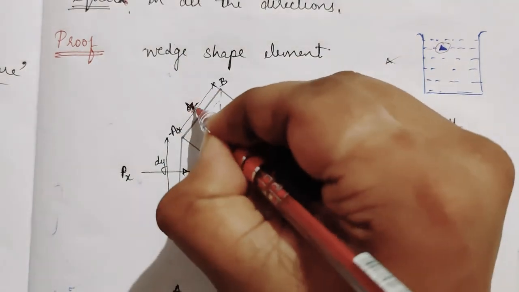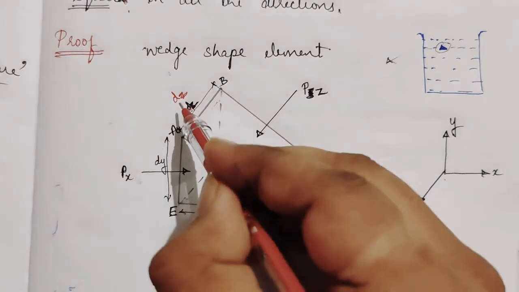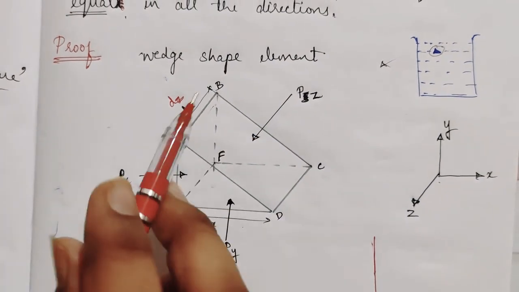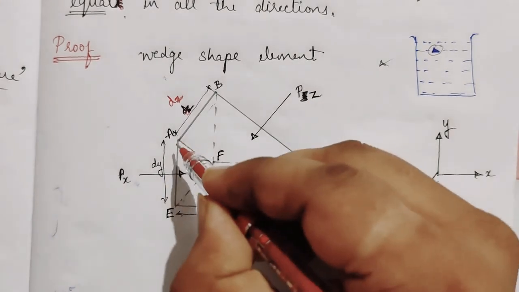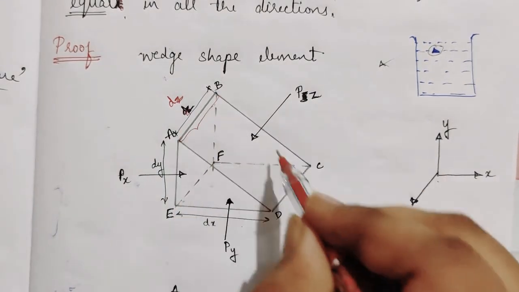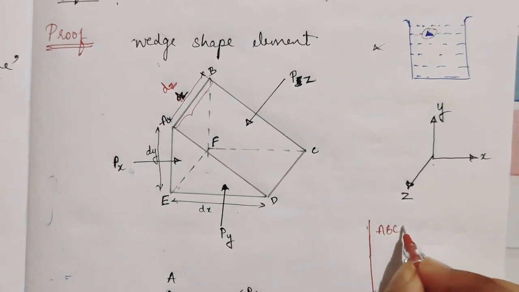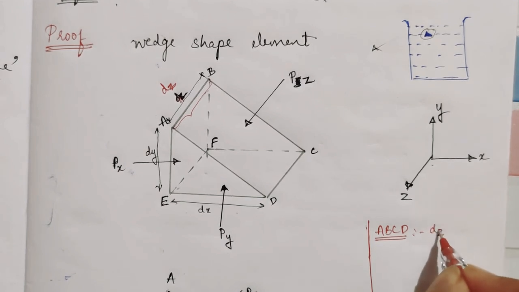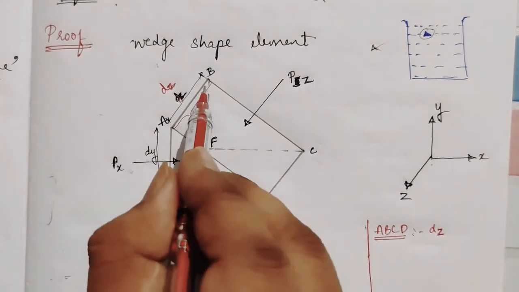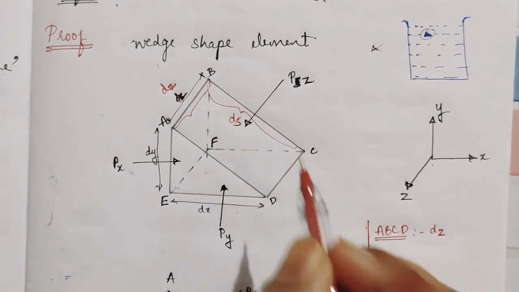So when this is dz and this inclined face, I can't take its width. The width of the face ABCD will become dz, and this will be a new thing, that is ds.